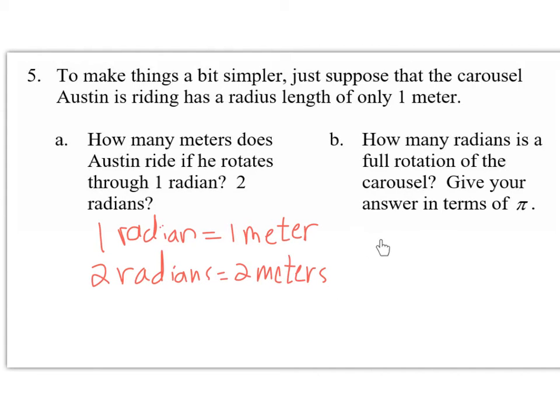So let's turn the question around now. If he makes 1 full rotation of the carousel, all the way around the circle, how many radians has he traveled through? In this case you may be giving your answer in terms of pi. Pause the video, see if you can figure that out, keeping in mind what we just said about the number of radians equaling the number of meters.